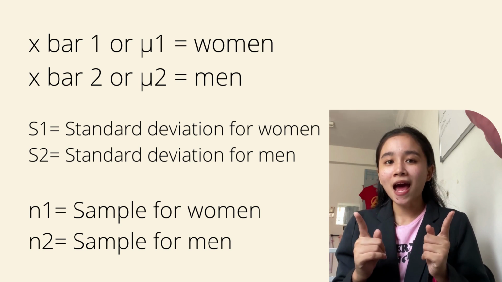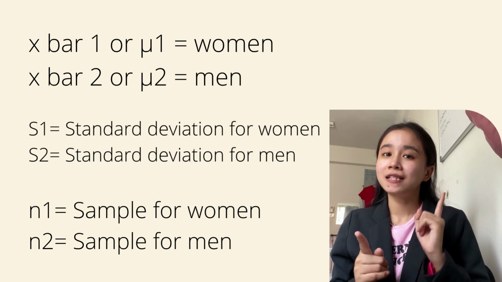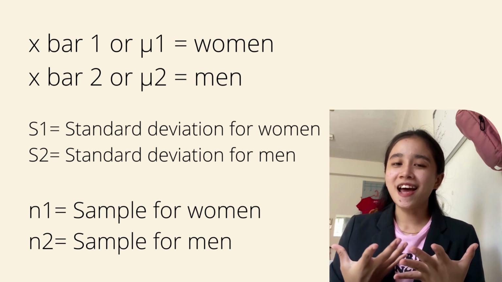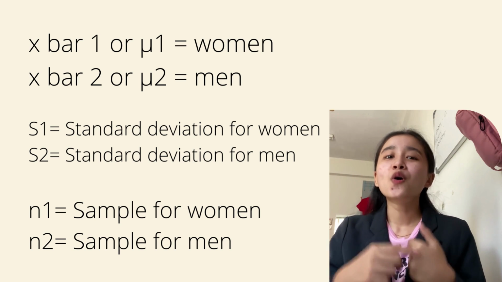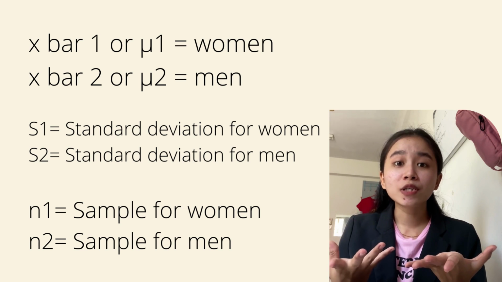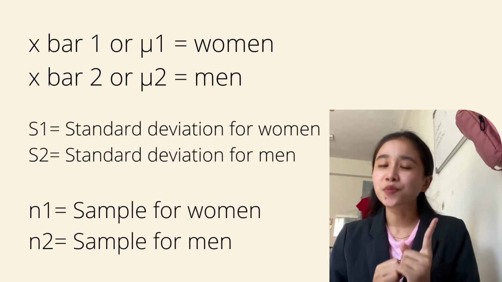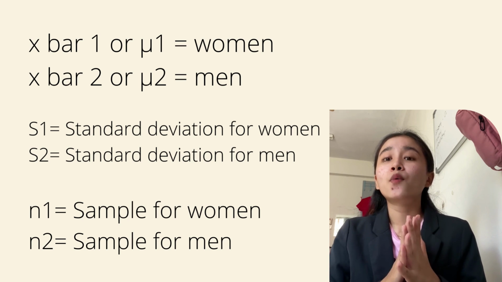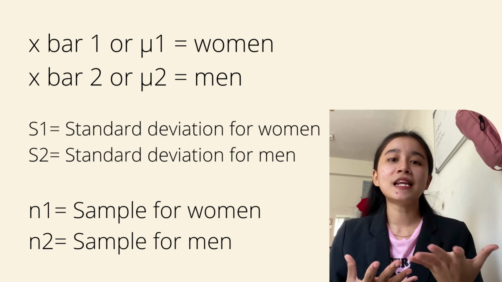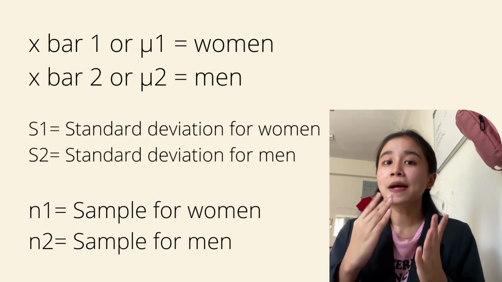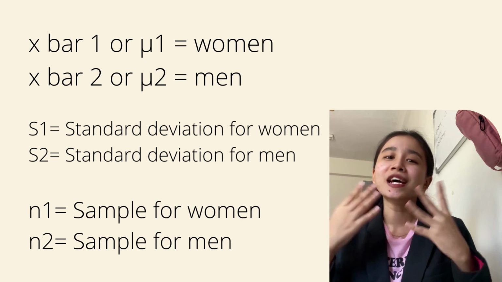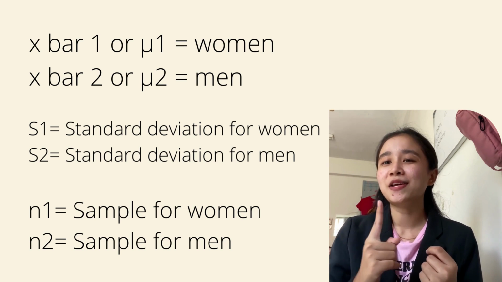So this means that we need to do a one tail hypothesis test. Other than that, we need to determine whether to use the Z value or T value. For this question, we need to use the T value because first, we do not know the standard deviation of the population, and second, we also have samples smaller than 30. So that's why we need to use the T value.